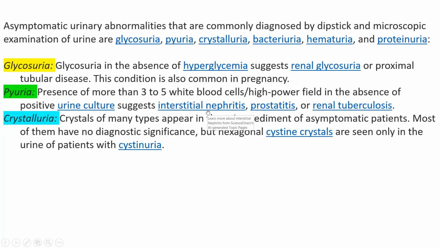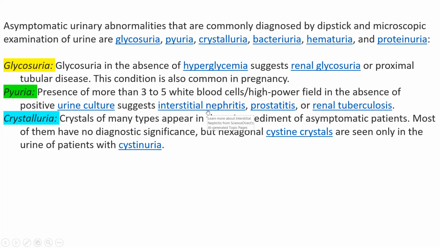Like the urine specimen is oversaturated, the saturation level is very, very high, oversaturated with the help of the substance known as crystallogenic substance. That oversaturation occurs because of crystallogenic substance. That is the reason why, in the name itself, it is known as crystalluria.